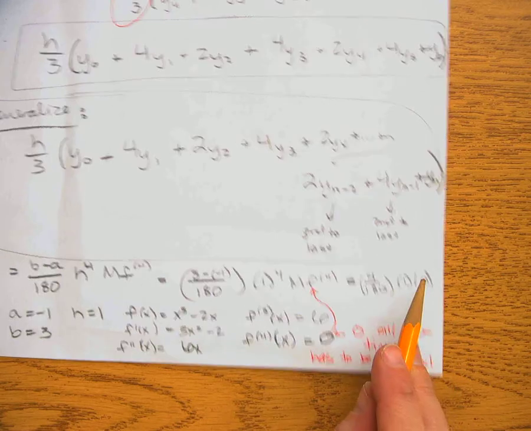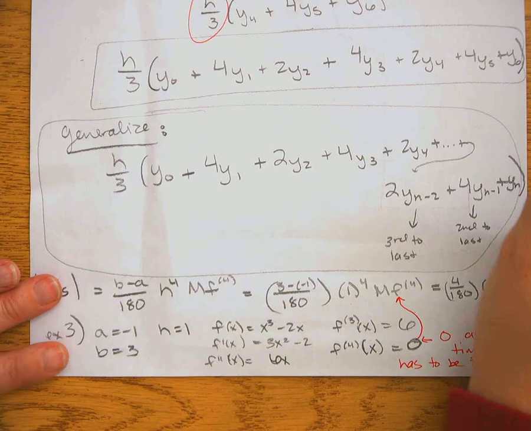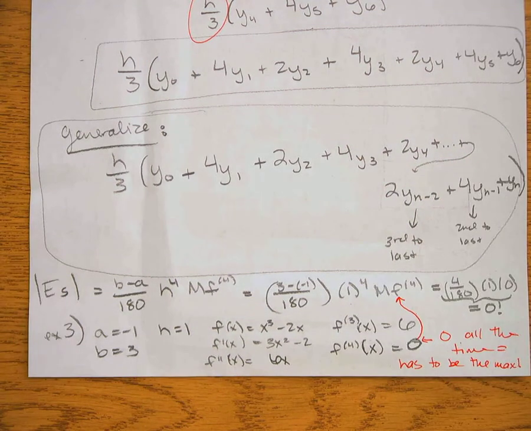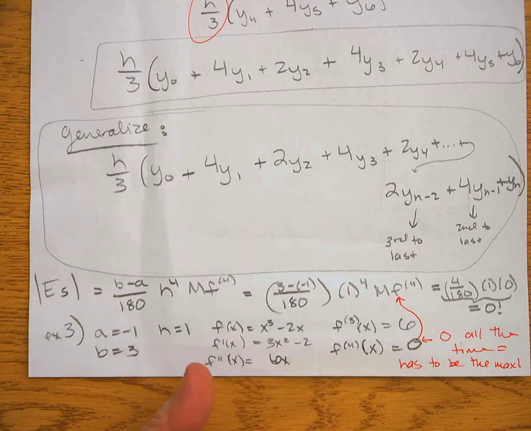Well, we know that 0 times anything is 0. So all of this right here would just equal 0. So this proves that there really was no error at all. There was no difference in the answer using an actual antiderivative or using Simpson's rule.